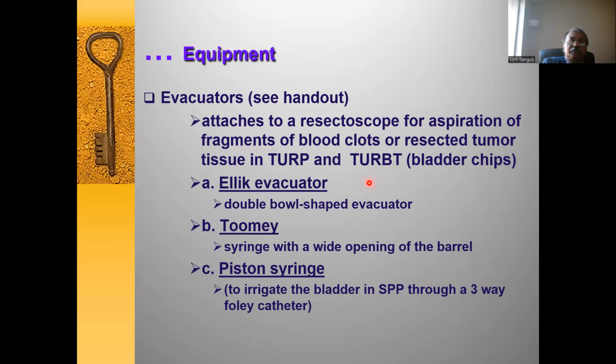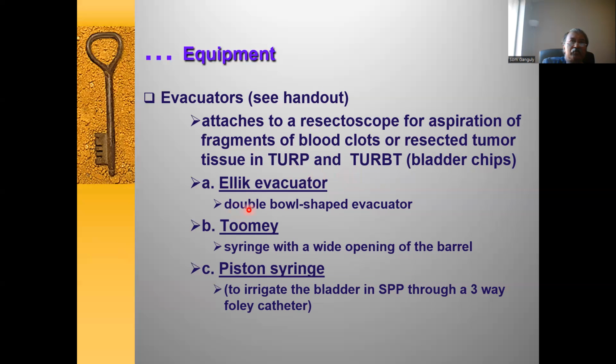In both cases, they will have blood clots and tumor tissue floating around inside the urinary bladder after resection. We call them prostatic chips or bladder chips. They'll be floating inside the bladder.